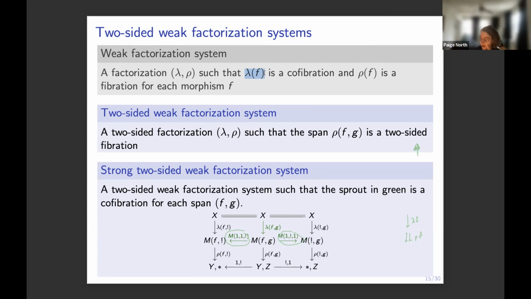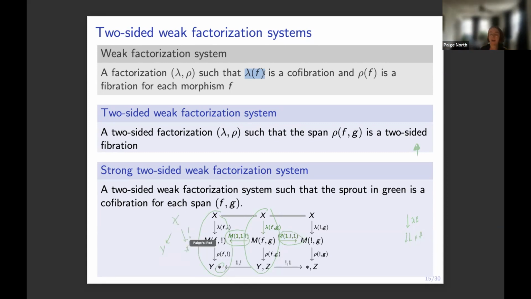Okay, so how would we do that? If we look at this factorization of an arbitrary span FG from X to Y and X to Z, we could try to erase or forget about Z here and just take it to the terminal object. And then we get a map to the factorization of this span.